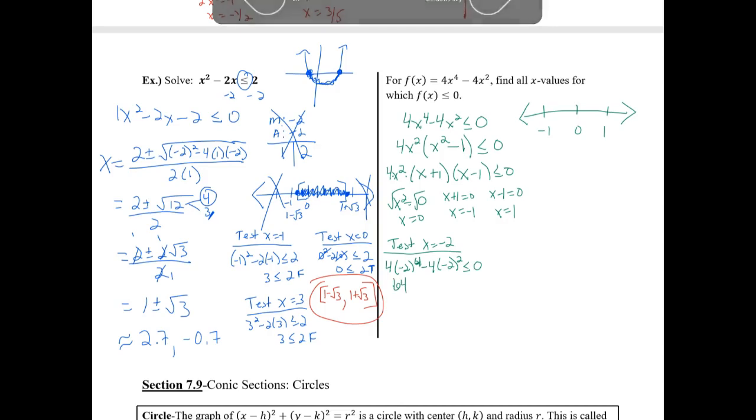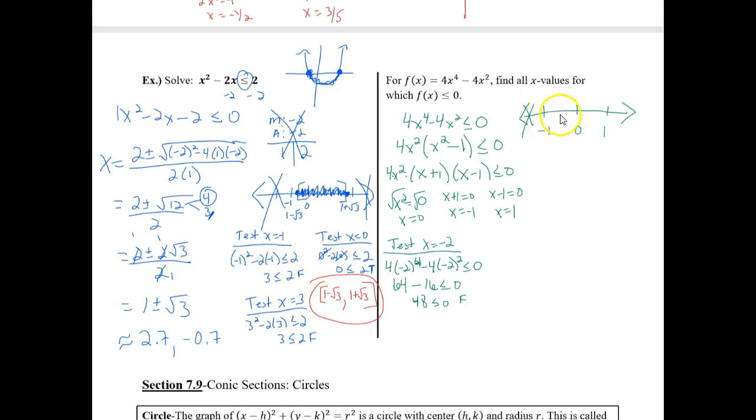Then negative 2 squared would be positive 4, and positive 4 times a negative 4 would be negative 16. When we subtract that, we'll get 48. Is 48 less than or equal to 0? No, that's false. So that's not part of our solution set.